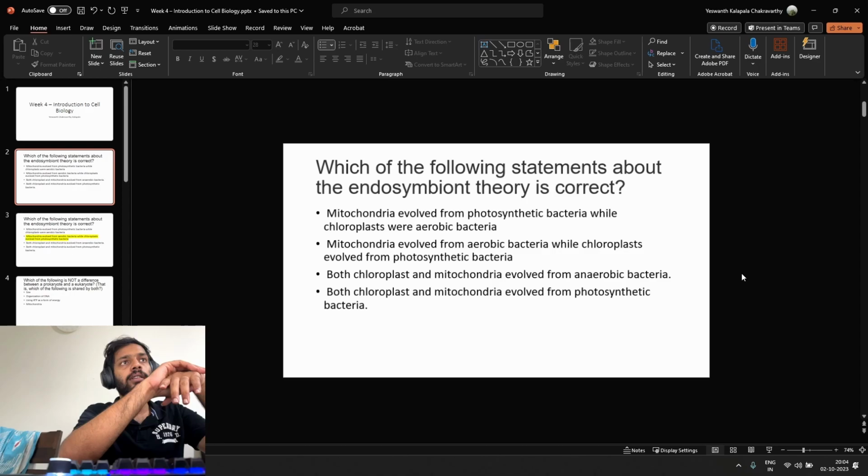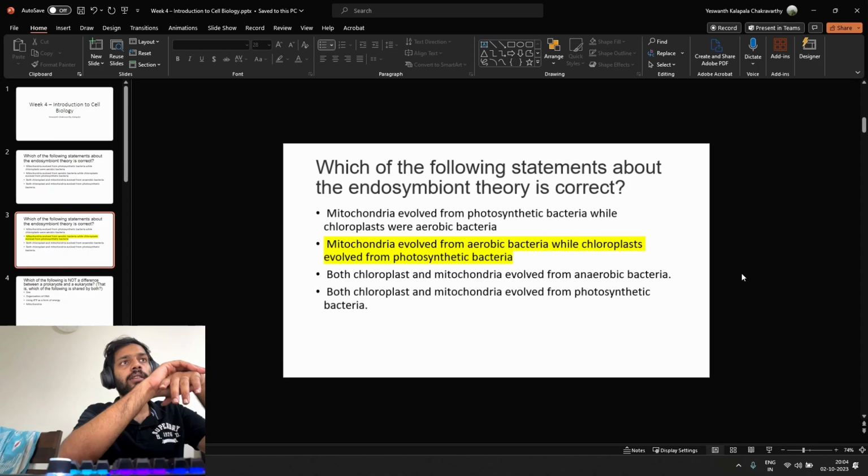Untrue. B, sir. Yeah. So essentially, mitochondria have the ability to generate NADH and NADPH from oxygen through the electron transport chain, right? So they have to be aerobic, and chloroplasts need to have this photosynthetic ability.